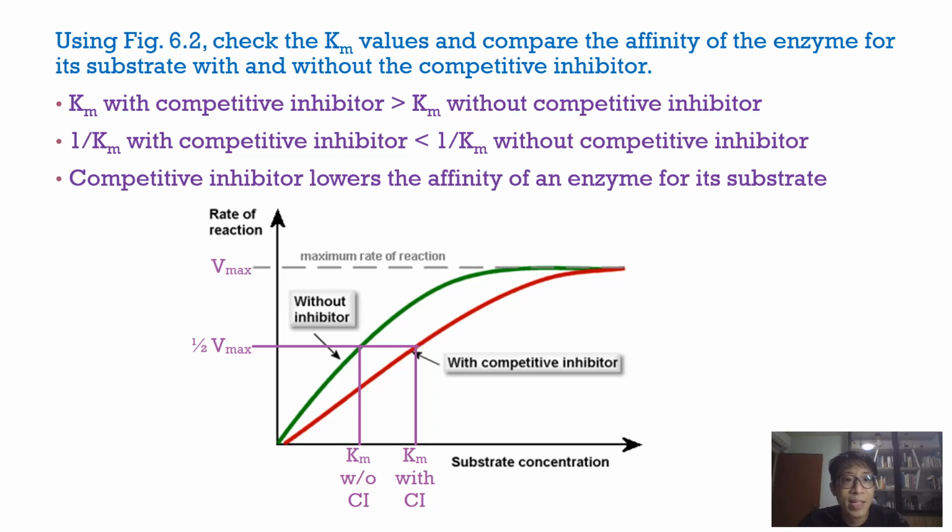So you have looked at the mechanism of how the competitive inhibitor works. This is the result in terms of enzyme kinetics: it lowers the affinity. It is harder for the substrate to bind to the enzyme because of the competition posed by the presence of the competitive inhibitor. It is harder to bind, therefore lowering the affinity of the enzyme for the substrate.